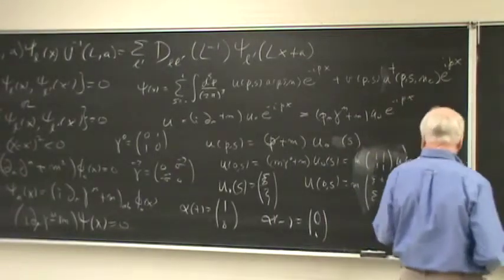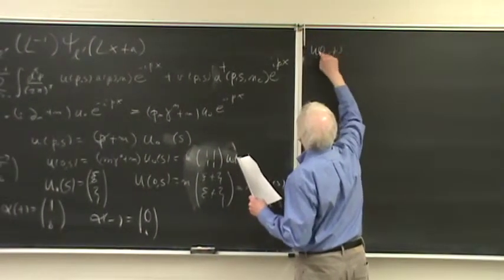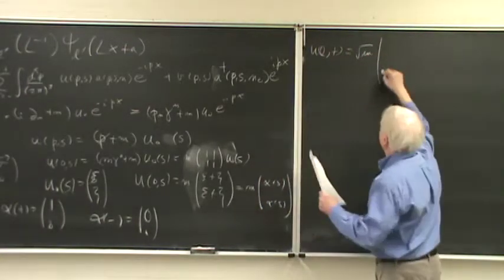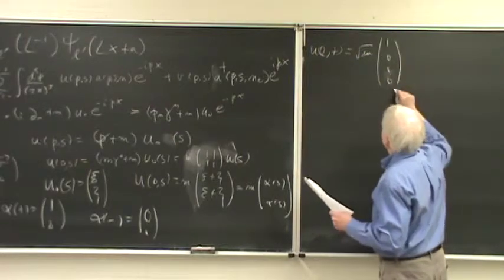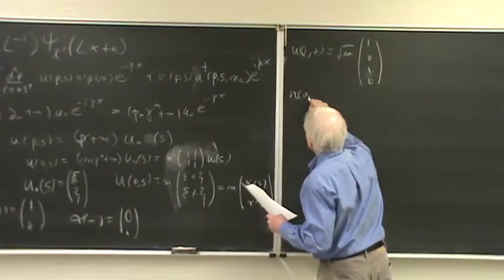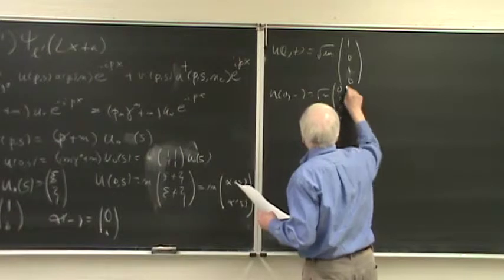And so the spinors at zero momentum are the up spinor, u0 plus, which turns out to be square root of m times (1, 0, 1, 0), and u0 minus, square root of m times (0, 1, 0, 1).